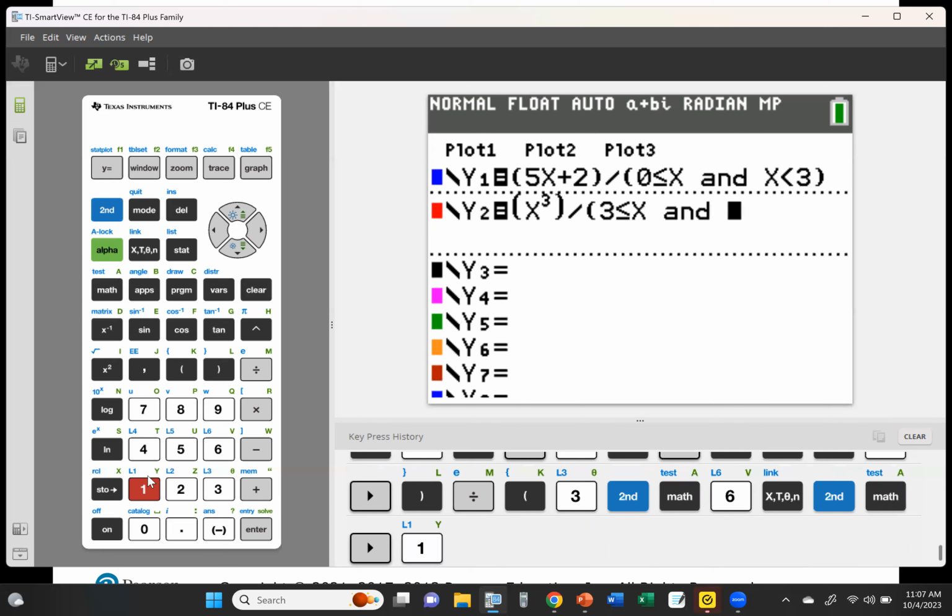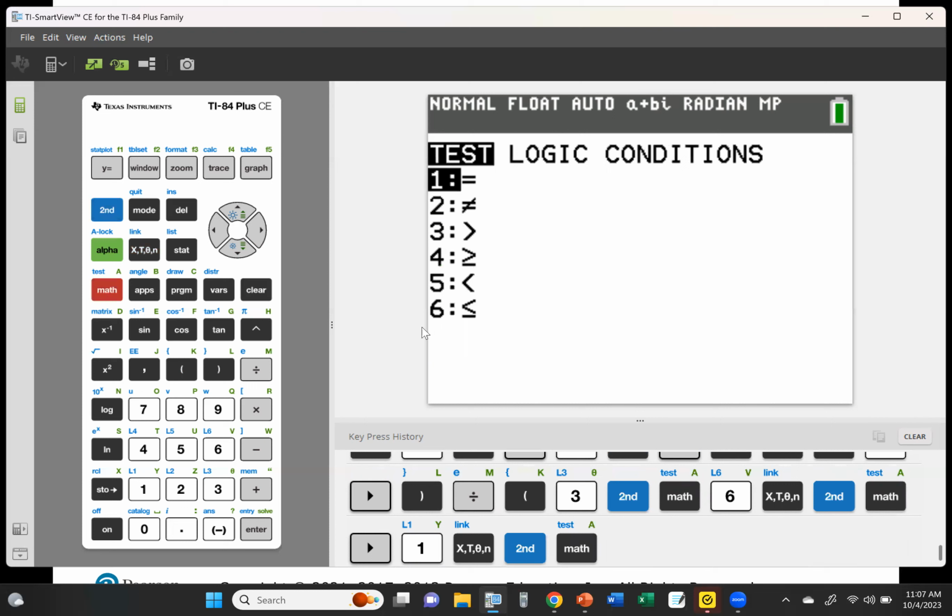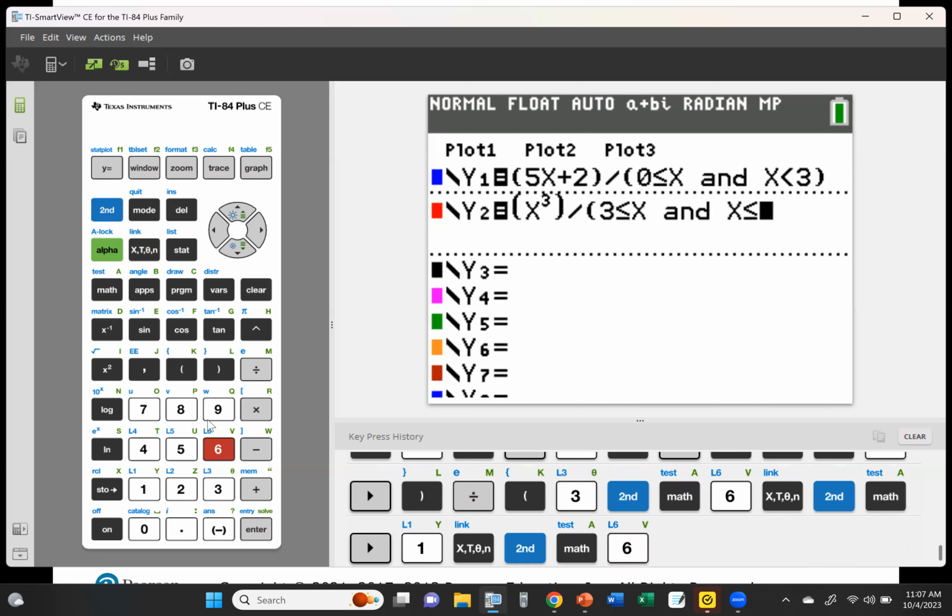And it's what? Less than 5? Less than or equal to 5? So we're going to put in the x, go find the less than or equal to symbol in the test menu, and it's got to be less than or equal to 5. Make sure that I got that correctly. And I think that's correct. Let me make sure.